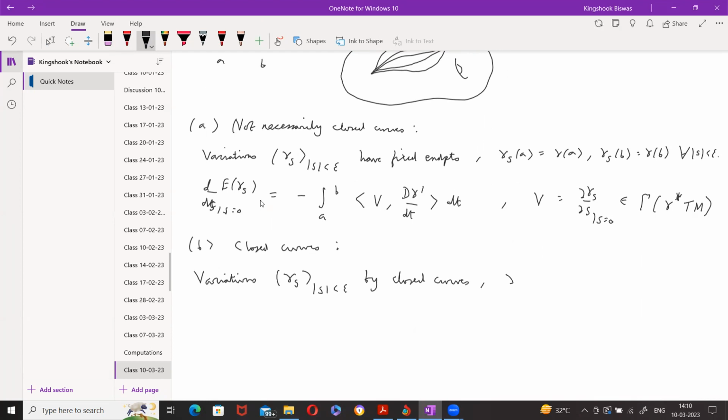So in this case, gamma s of a is equal to gamma s of b.